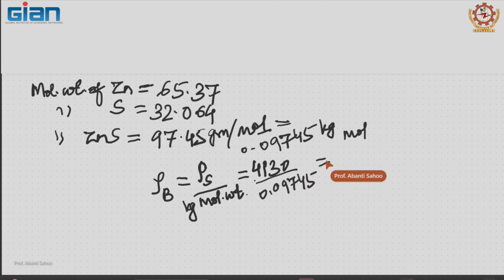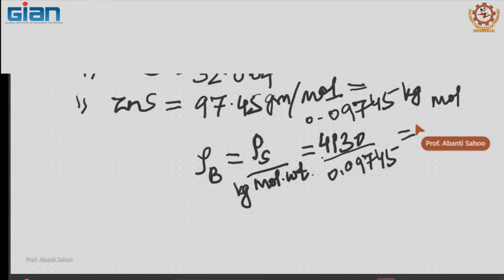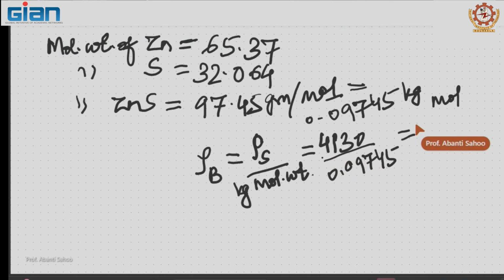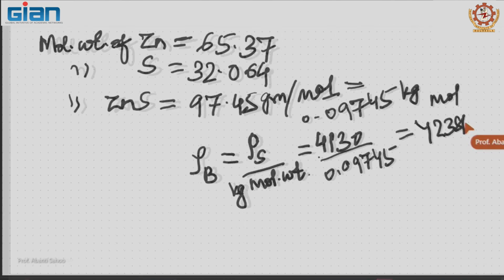Okay, this molar density is coming 42,380.71. So, we can write 42,381.